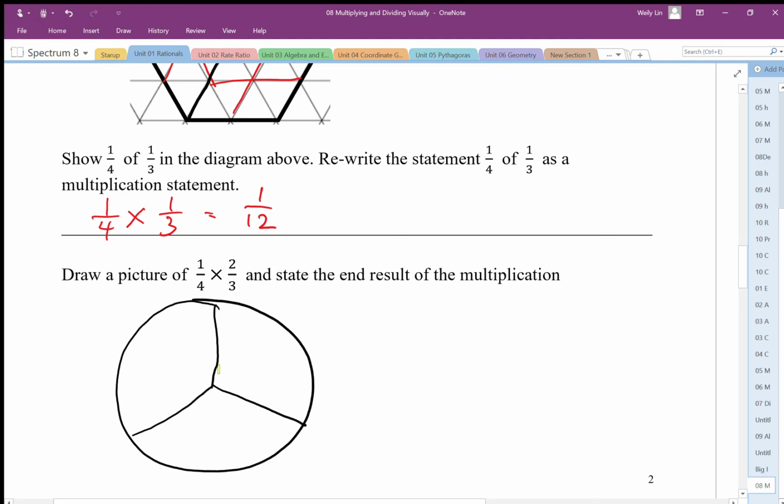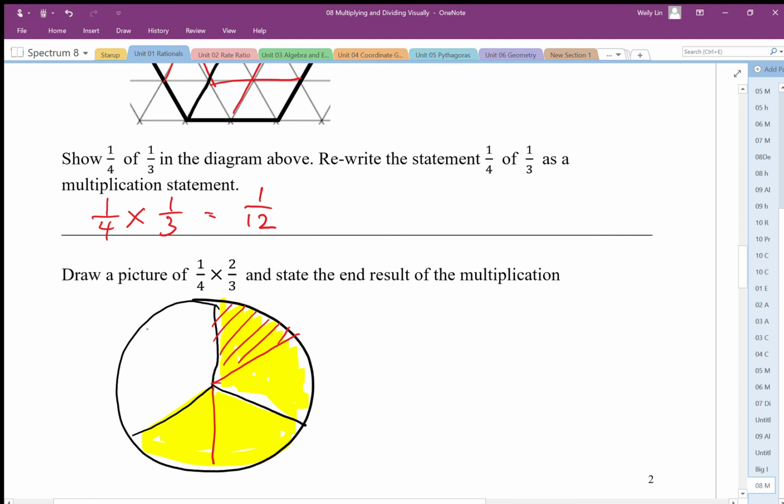I'm going to shade it in yellow. 1/3, 2/3. Of this 2/3 fraction, I want 1/4 of it. To get 1/4 of it, I'm going to have to chop it up like this. Those are 4 pieces now that make up the 2/3, and I'm going to shade that in.